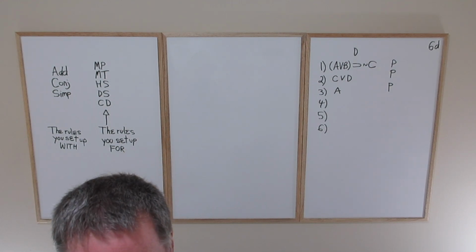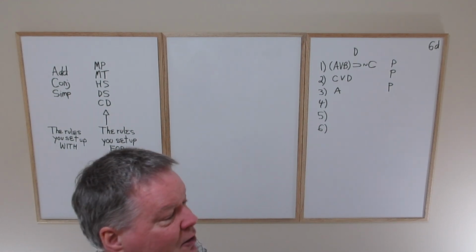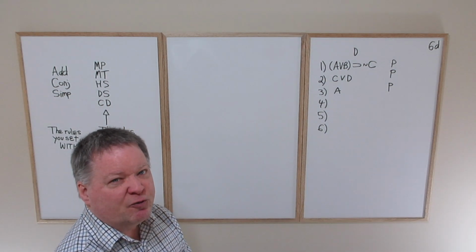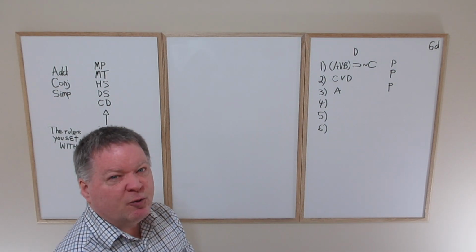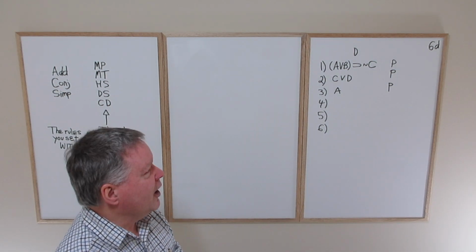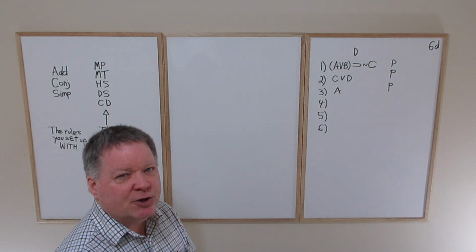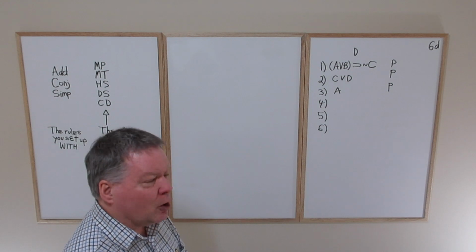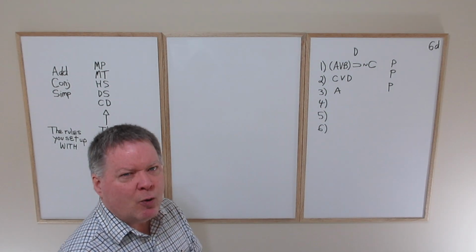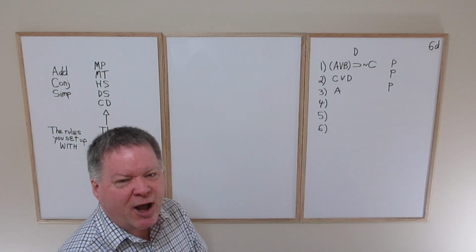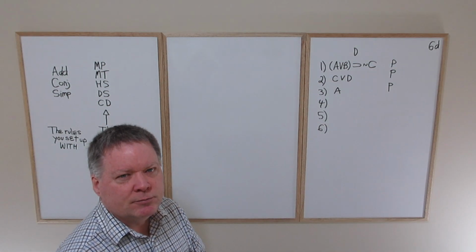The difference here is that instead of confining ourselves to 4 rules, all of which are 2-line rules, where you need 2 lines of information in order to employ the rule, we're now going to consider all 8 rules.